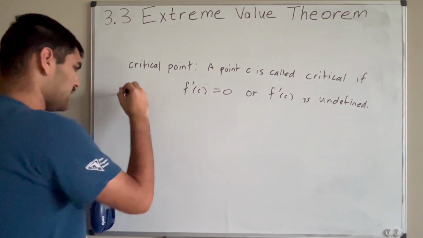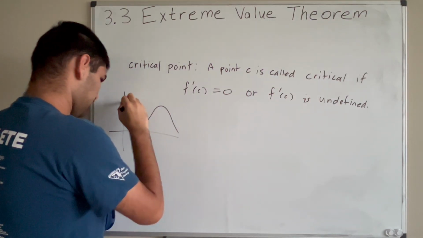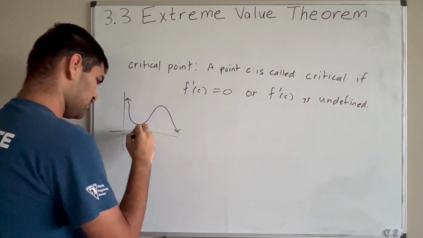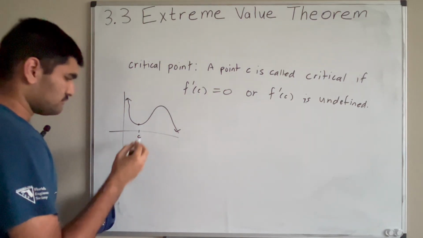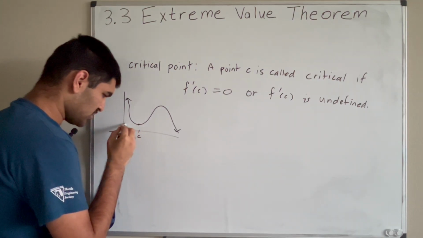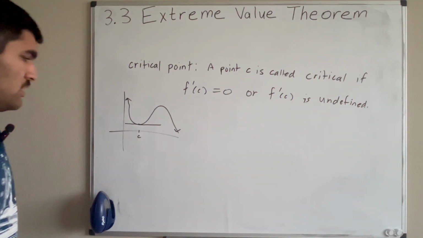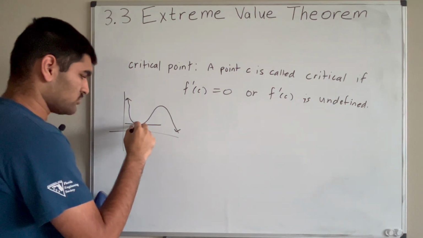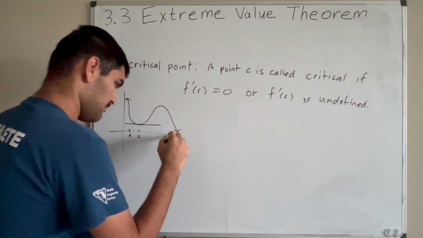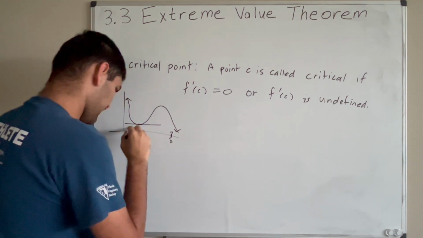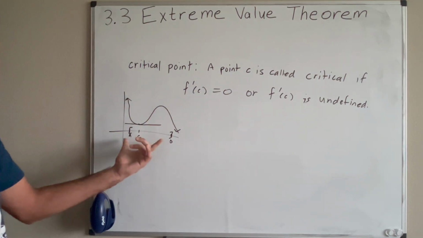Again, if we have some graph that looks something like this, and let's say x equals c is right here, notice that the tangent line at this point is horizontal. But what is this also? If we consider this interval from a to b, a closed interval, then we have a continuous function on a closed interval.